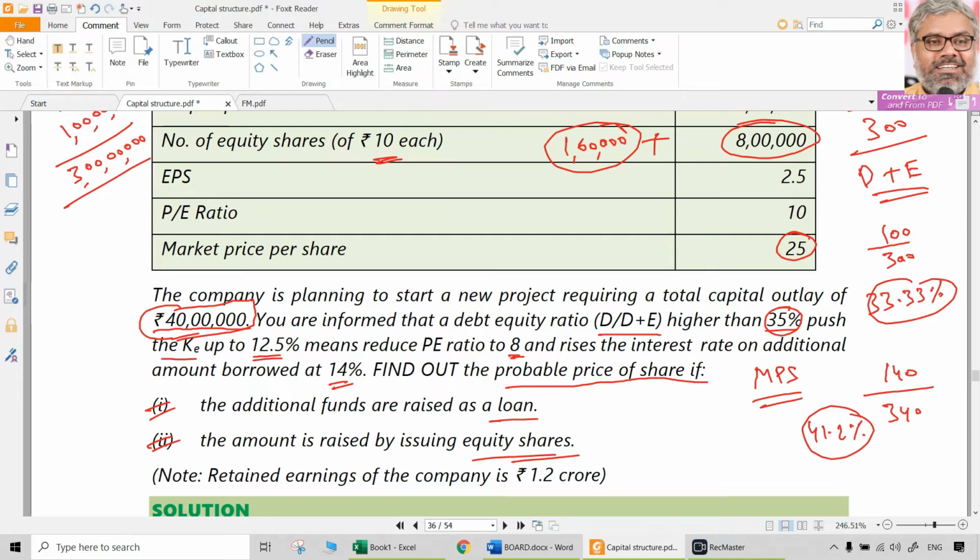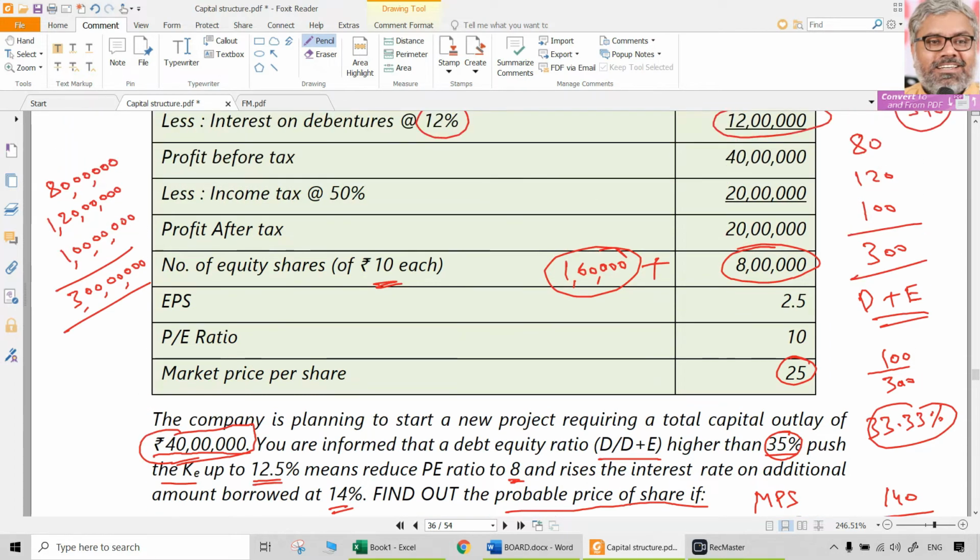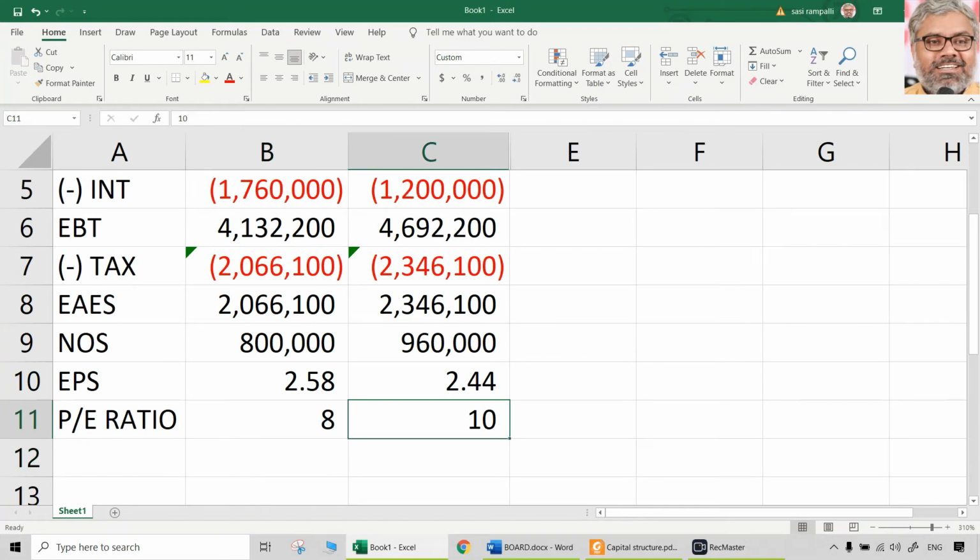Debt equity ratio will be less than that, because in the new scenario the debt equity ratio will be 240 by 340, that means 70%, which is good. That means only 30% debt, so 100 by 340, so 29% only will be debt equity ratio. Anyway, it will be less than 33.33%, definitely less than 35%, so no change in PE ratio will happen.